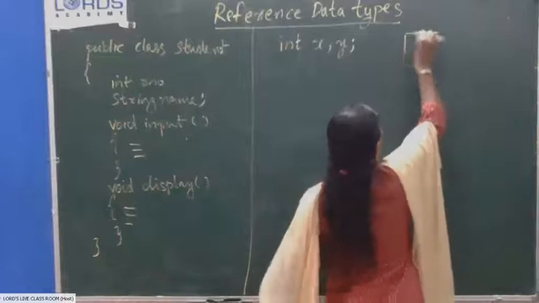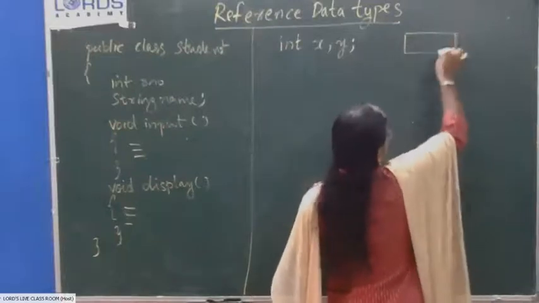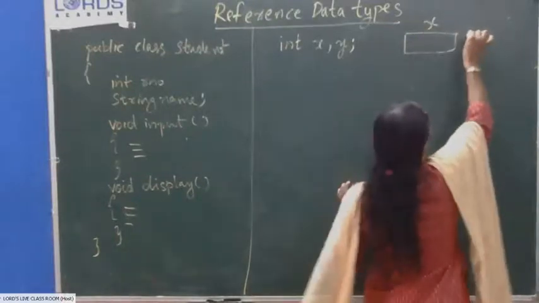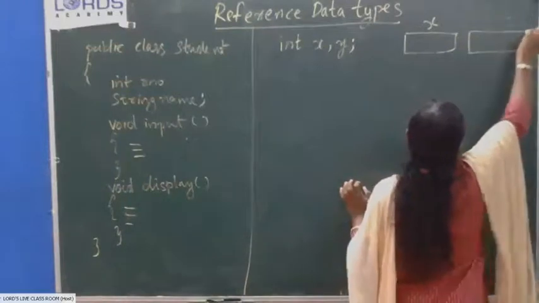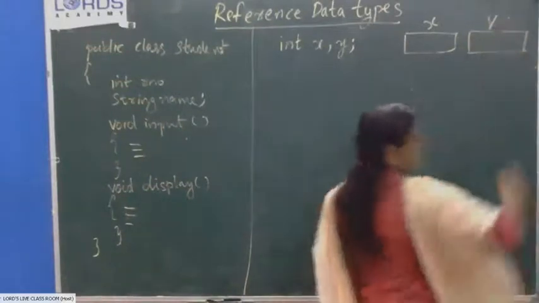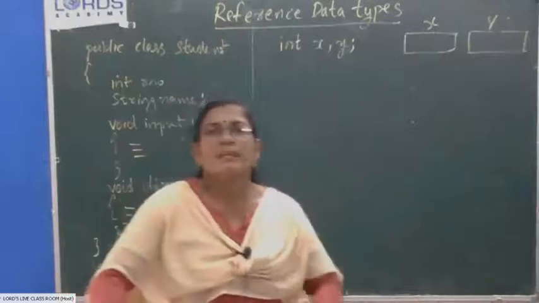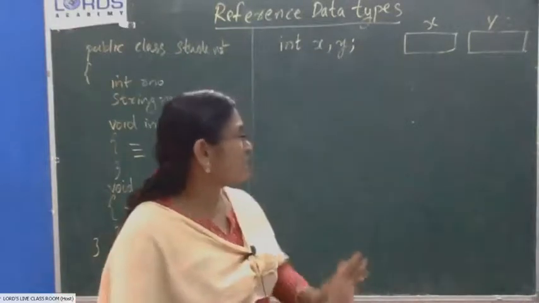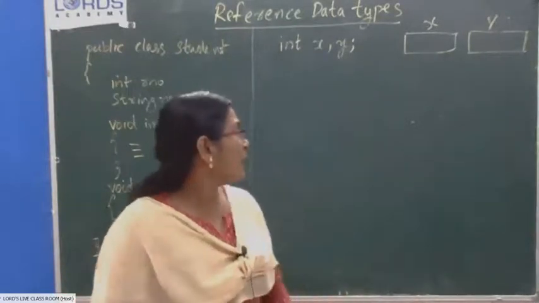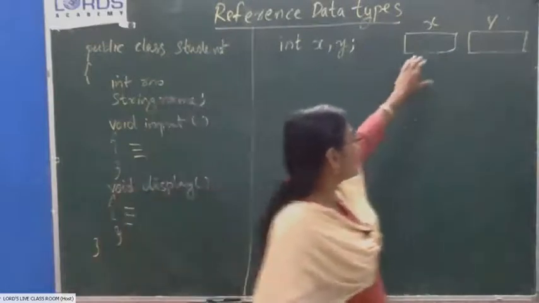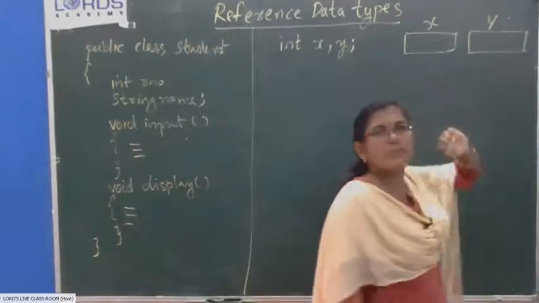The first storage location contains 4 bytes named x, the second contains 4 bytes named y. They are the actual memory locations where you can store the value.